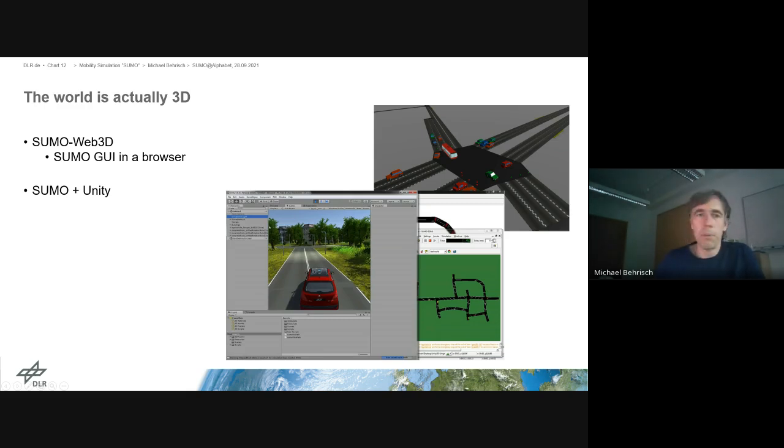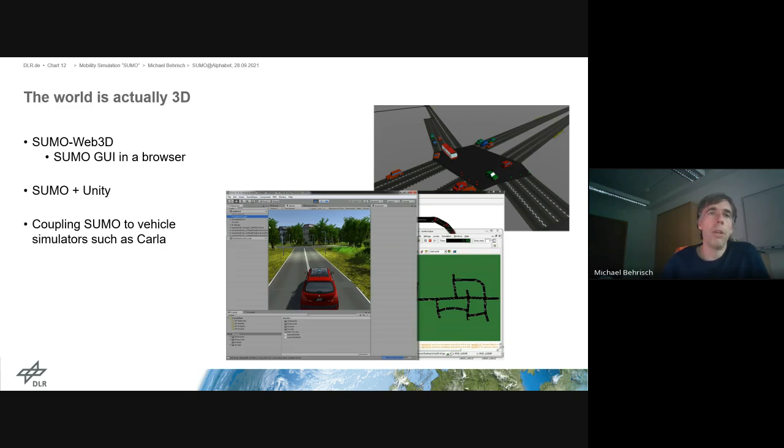The SUMO Web 3D was something done at Sidewalk Labs, actually, but I don't think it's developed further still. There are several couplings from SUMO to Unity. So there is an implementation of coupling SUMO to Carla.